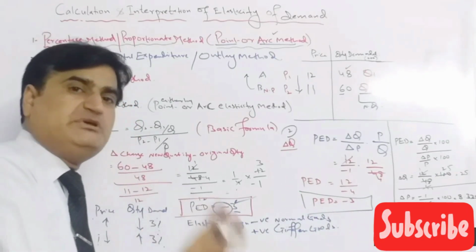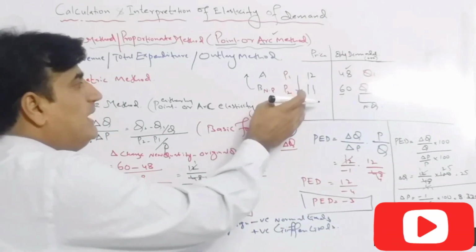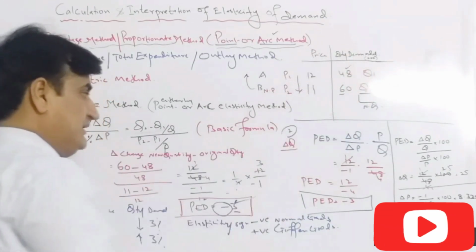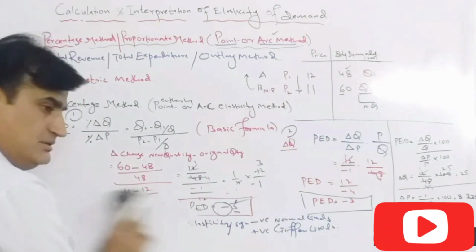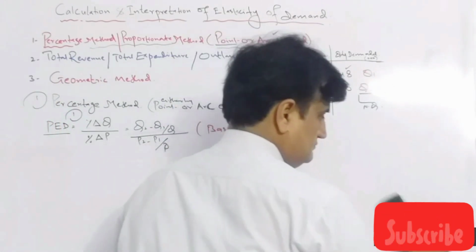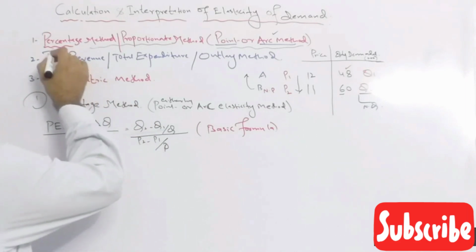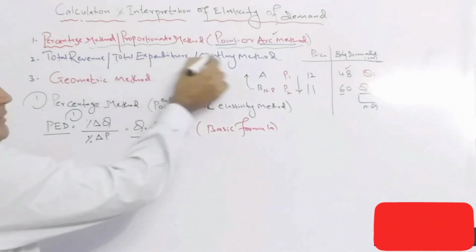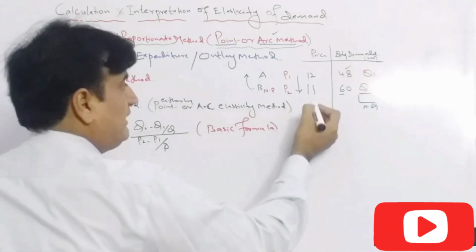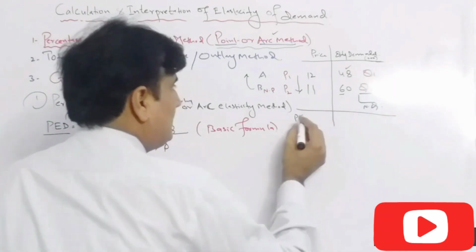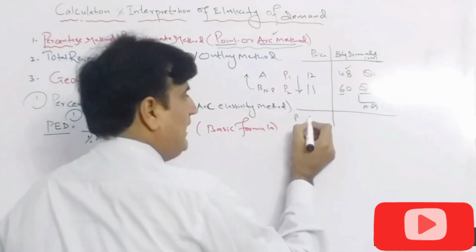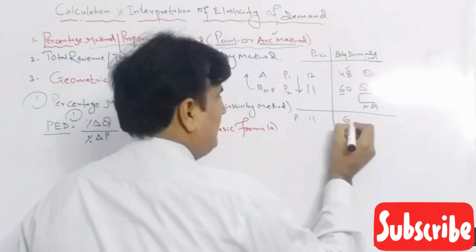Now the result will be changed when you move from 11 to 12 and 60 to 48 in the same case. We are going to calculate the elasticity using the percentage method, the point method, when the case is totally reversed. When the price is, for example, 11, the quantity demanded is 60.